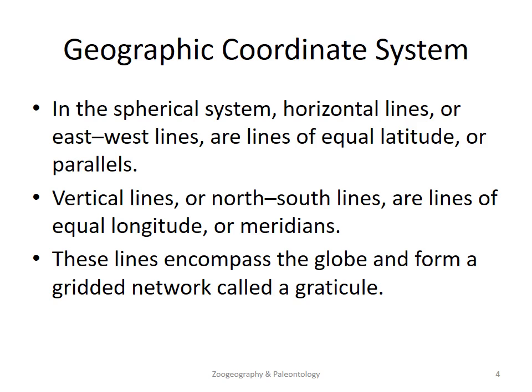They are not equidistant. These lines intersect at the North Pole and the South Pole. In order to map the world, when we put together the latitude lines and the longitude lines, the result is a network which is known as the graticule. So these lines encompass the globe and form a grid network called a graticule.